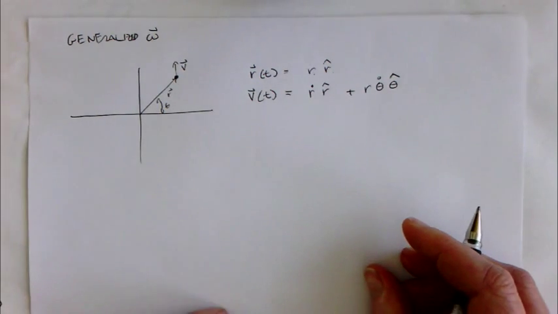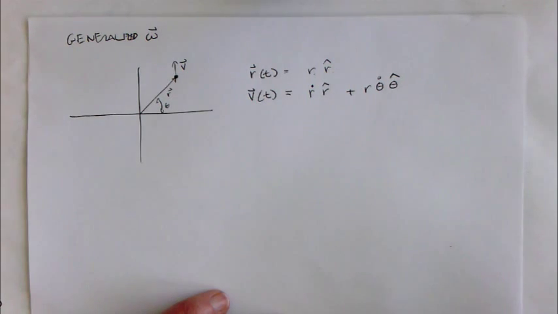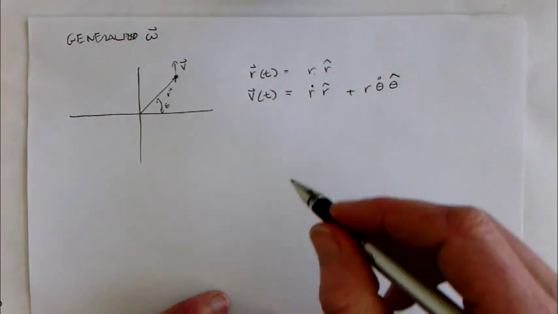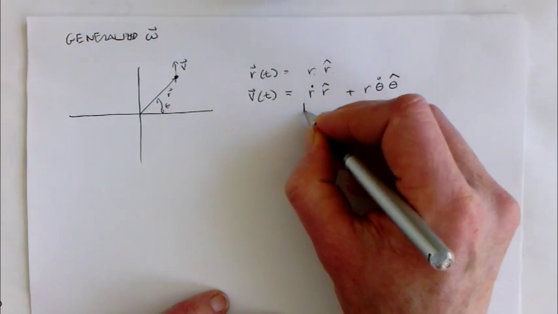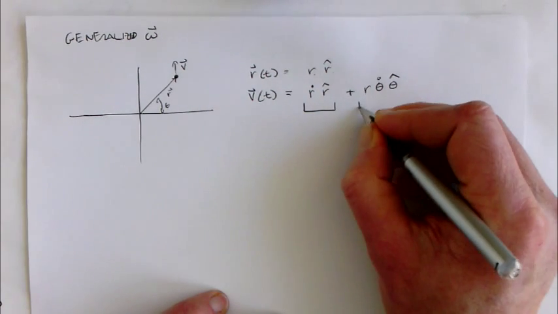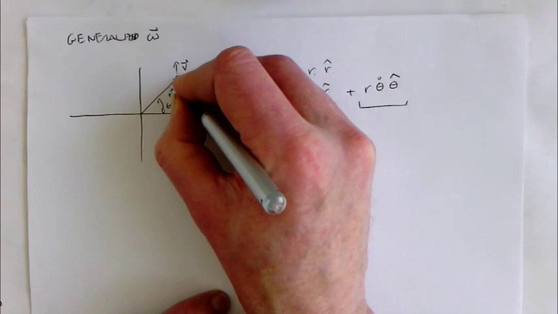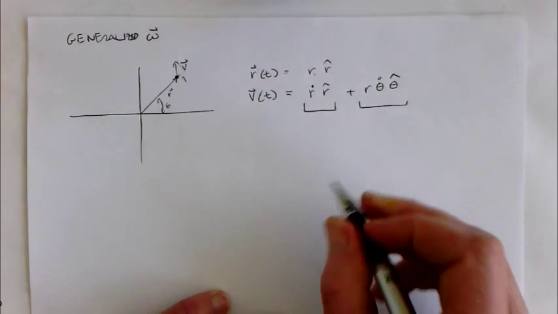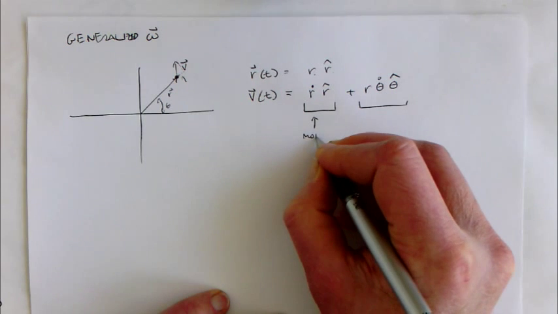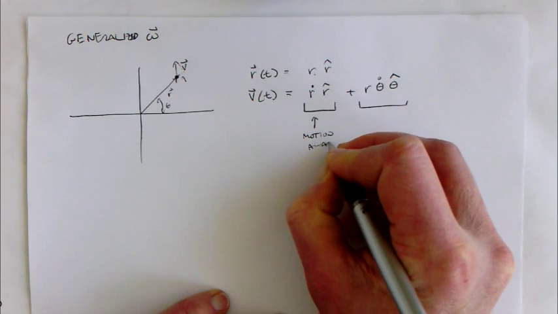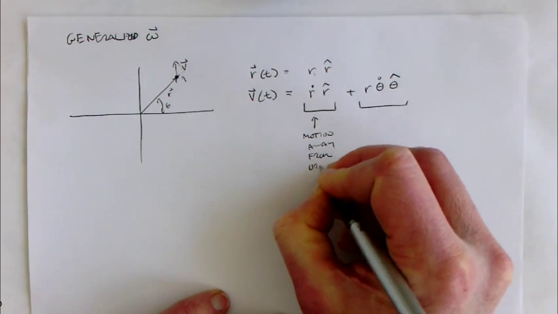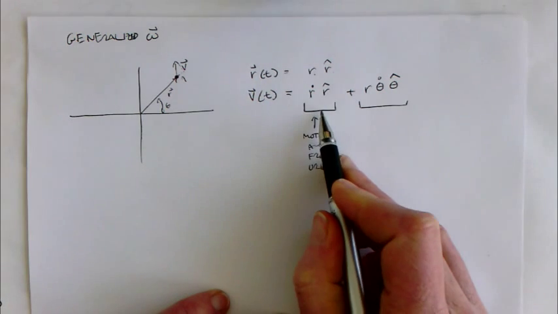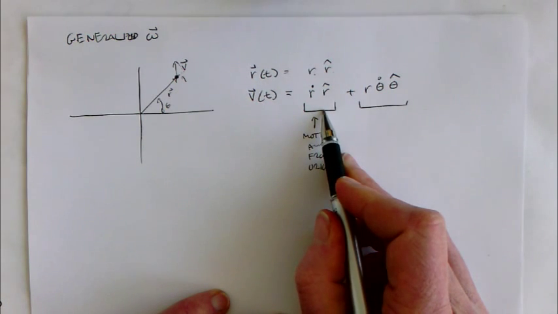Now let's think about what this means from an angular velocity perspective by decomposing the velocity into two parts. One part of this velocity is the part going away from the origin. Notice that this part of the motion doesn't result in any change in theta.